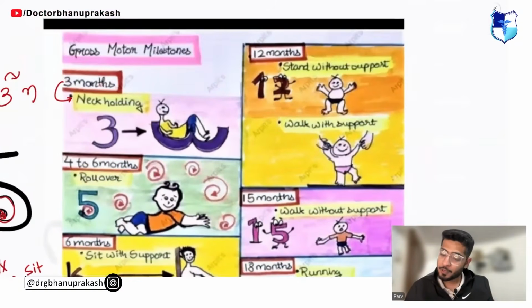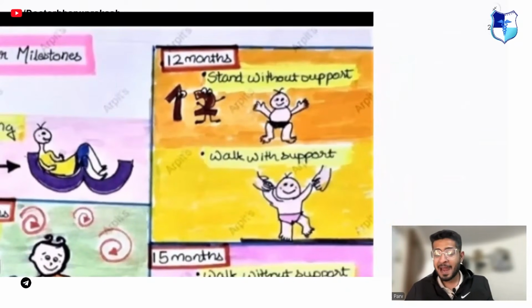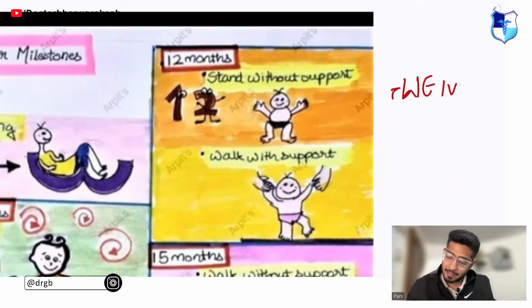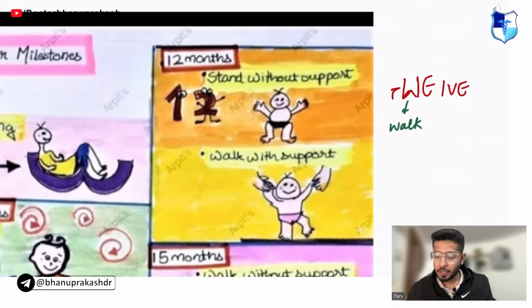Coming on to 12 months. 12 months means stand without support and walk with support. So 12 is important. I will write this now. 12 is like this. So 12 is W for walk. At 12 months they are going to walk, but they need an extra support.